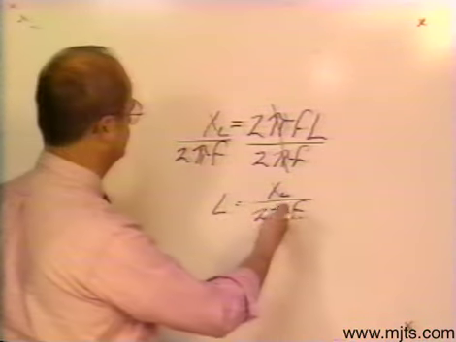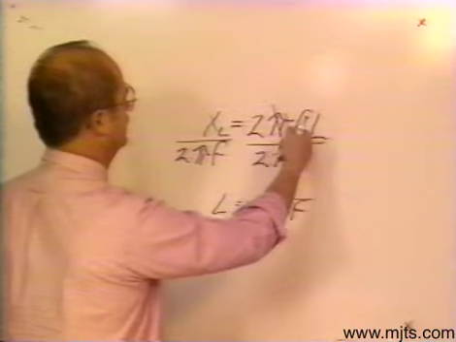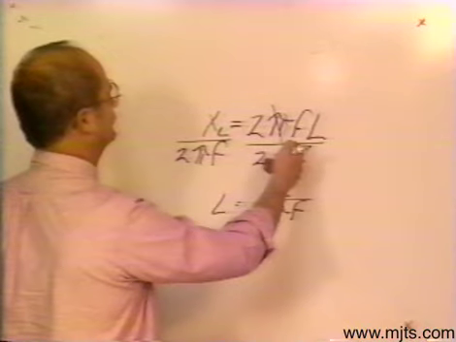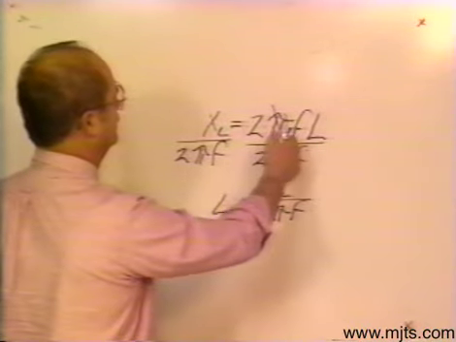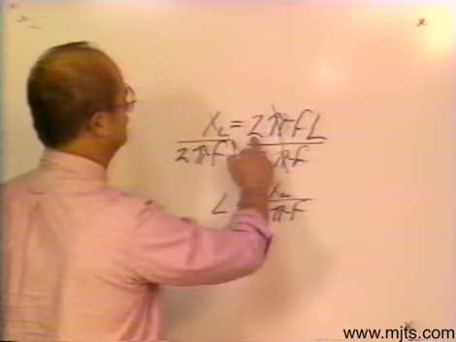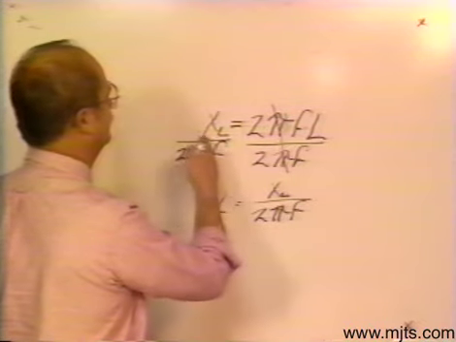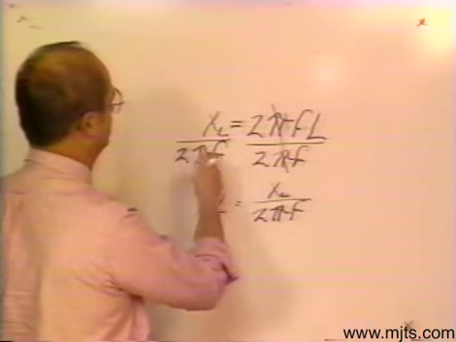Now, you see, I could also isolate the frequency out of there. If I knew that F stands for frequency, I could isolate that out of there too. If I divide both sides by 2 pi L, I would have F by itself over here. Then I would have to divide by 2 pi L over here.